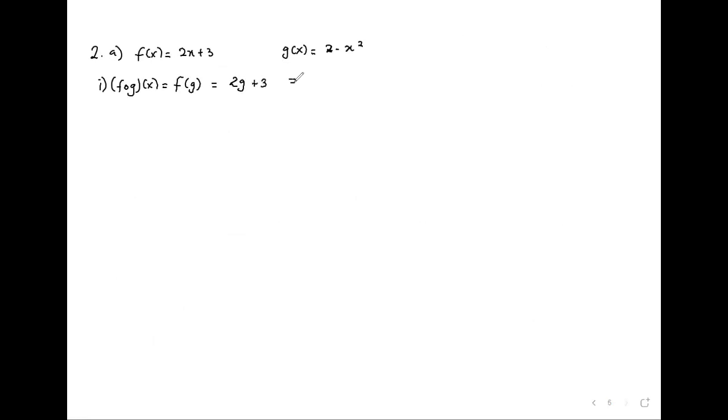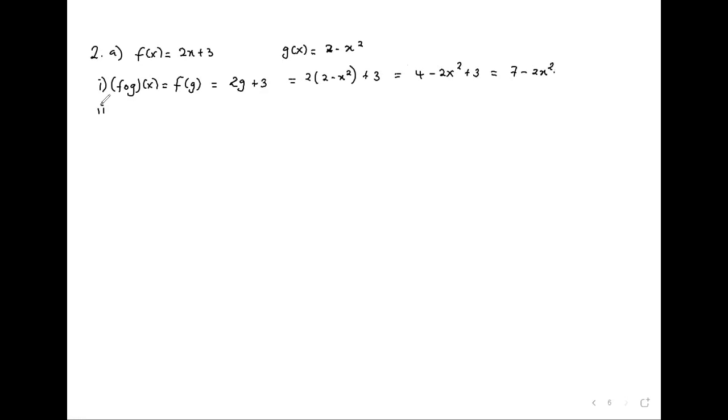In f, where there is x, you take g. So we have 2 minus x squared plus 3, which is equal to 4 minus 2x squared plus 3, which is 7 minus 2x squared.